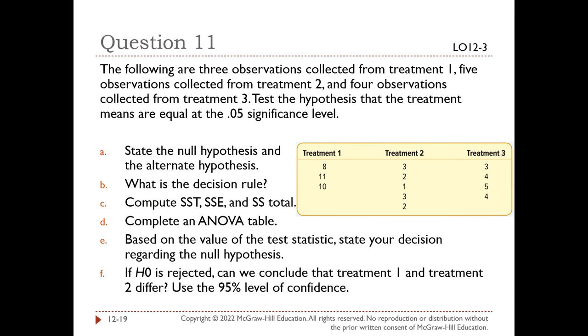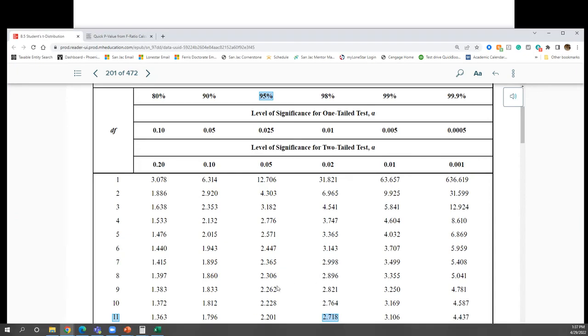So, it makes it a little bit more fun. Back to our t-chart. So, since we have 12 observations, even though we're looking at just 2, 1 and 2, we have 12 in total from all 3 treatments.